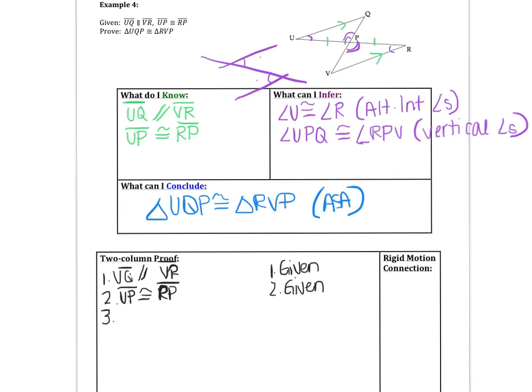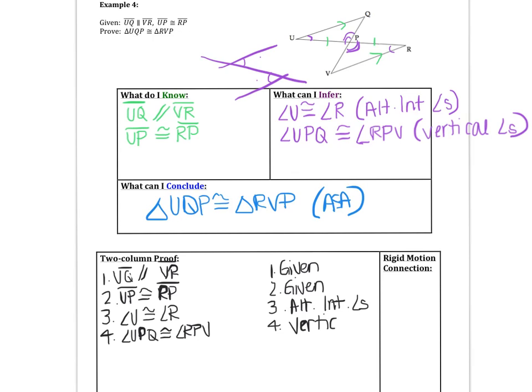And then I made some inferences that angle U is congruent to angle R. They're alternate interior angles. And then angle UPQ is congruent to angle RPV, and I know that because they're vertical angles. And lastly, triangle UQP is congruent to triangle RVP because of angle, side, angle.